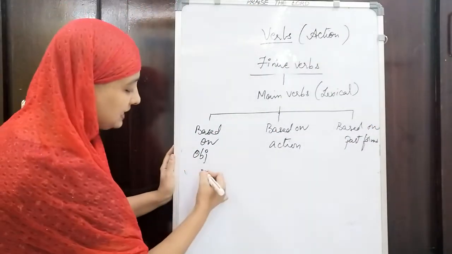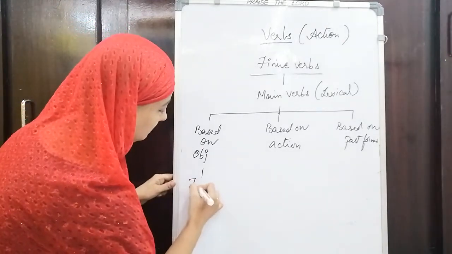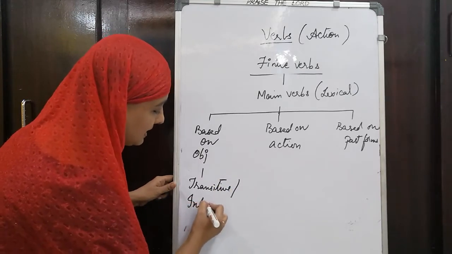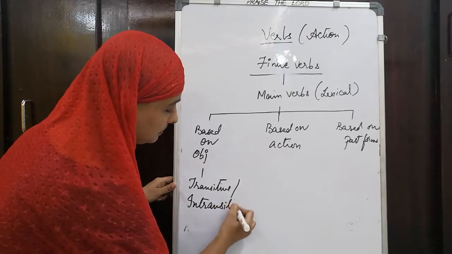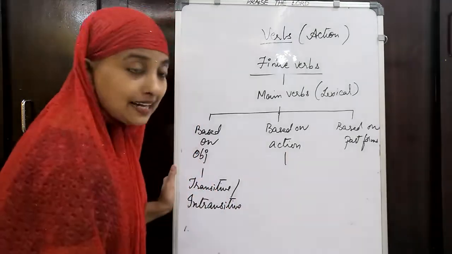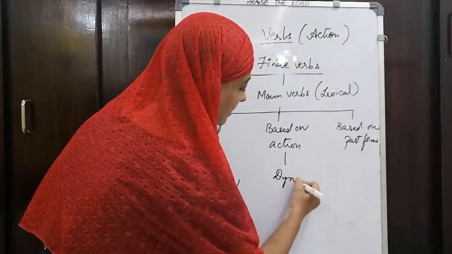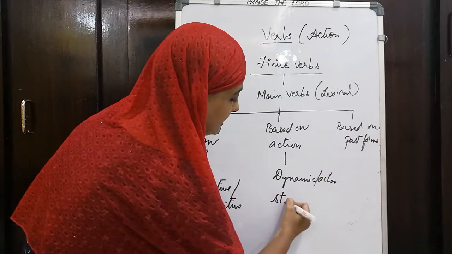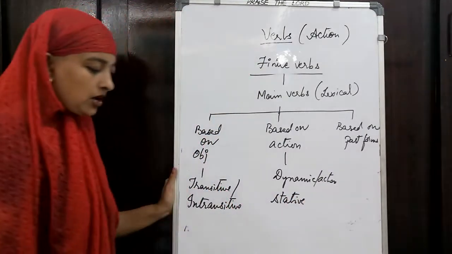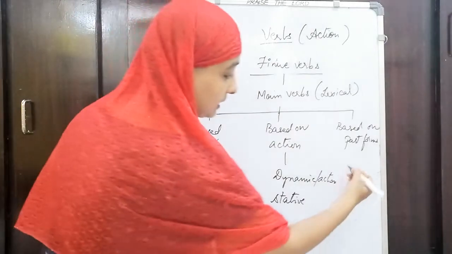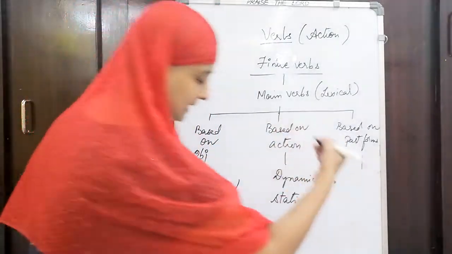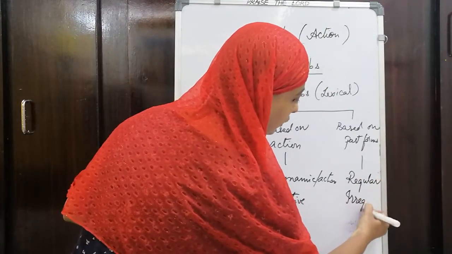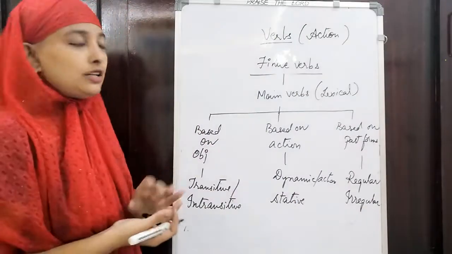Based on object, they are classified as transitive or intransitive. Based on action, they are classified as dynamic or action, and stative, or static. Based on past forms, they are regular or irregular. Right? Understood?